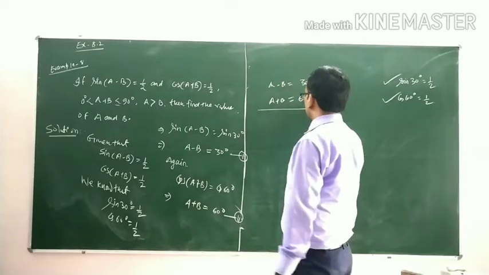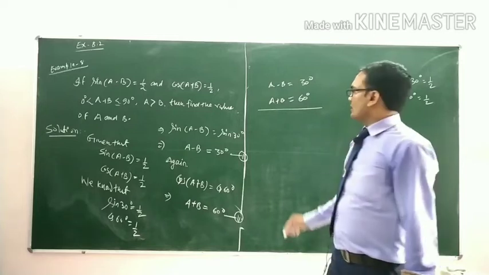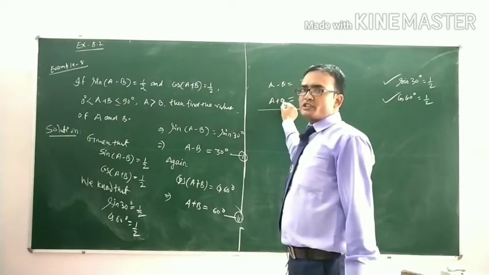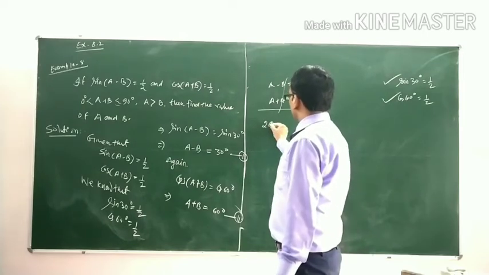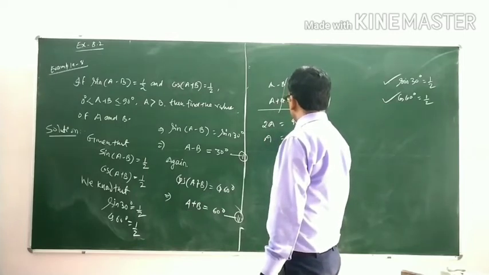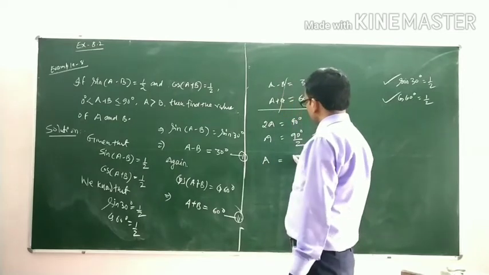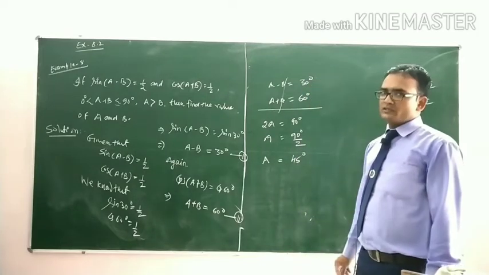We solve these equations by using the elimination method. Here B is negative and here B is positive, so this will be cancelled. 2A equals 90 degree, and A equals 90 degree upon 2, A equals 45 degree.